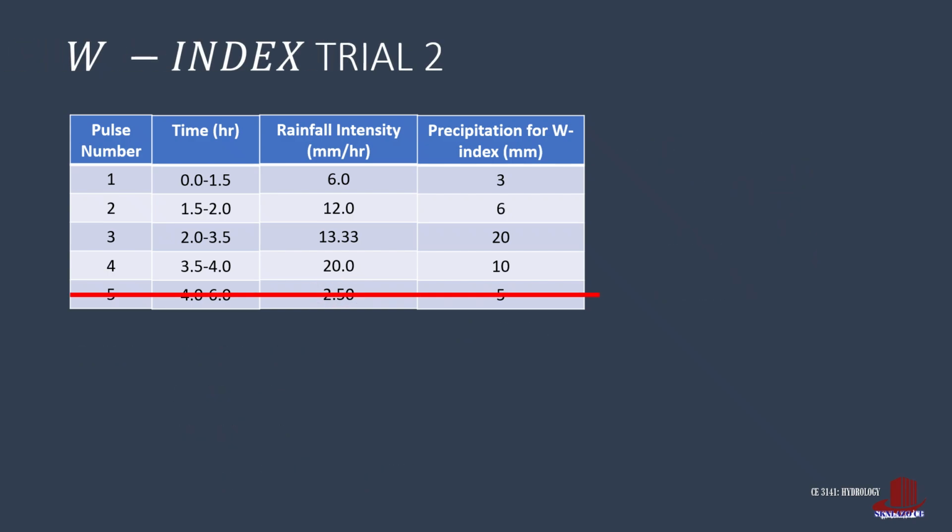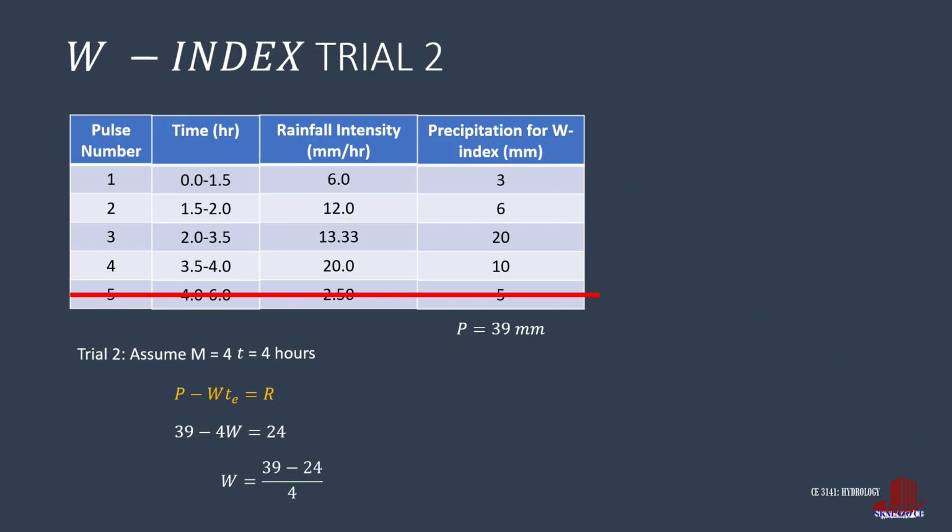The next trial is to take out the pulse lower than the previous index. This trial considers the remaining 4 pulses, and the time duration is 4 hours. Using the same function, take the summation of precipitation, which turns to be 39 millimeters. Plug this in the equation and have 39 minus 4W as equal to 24.